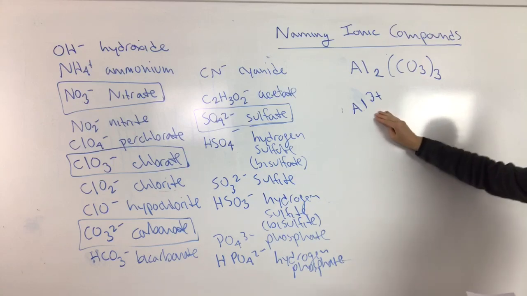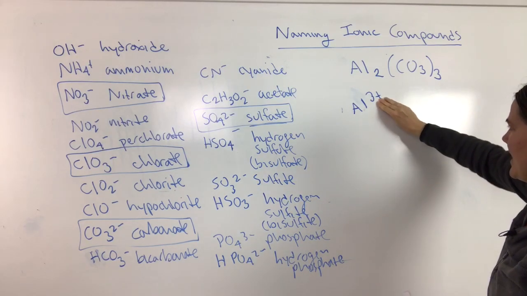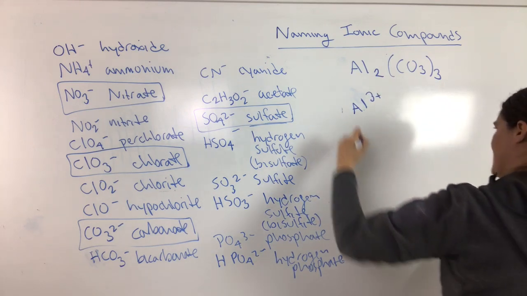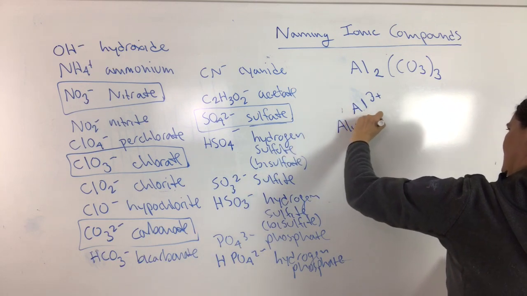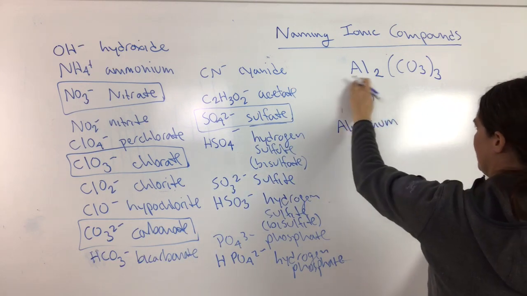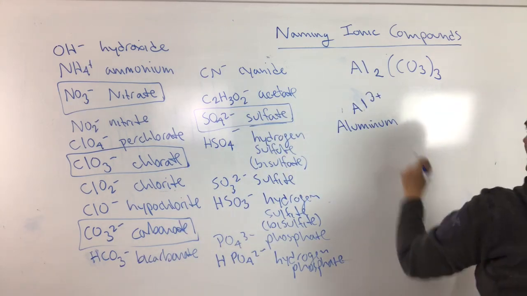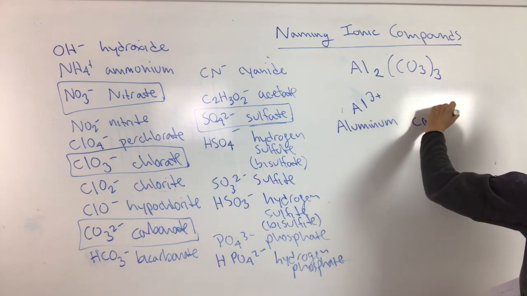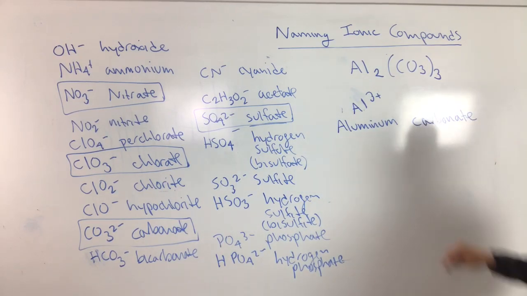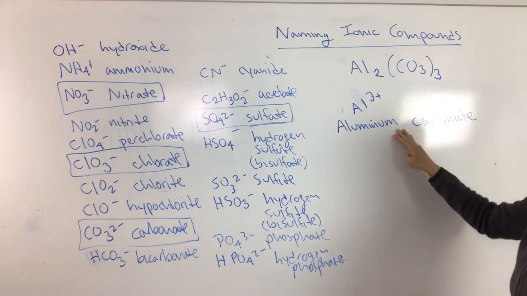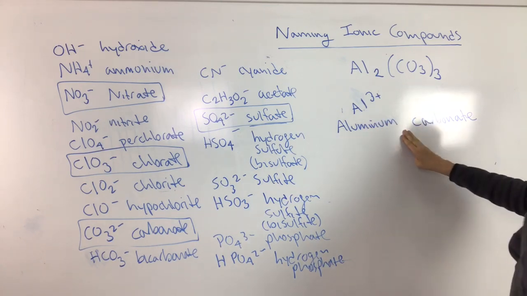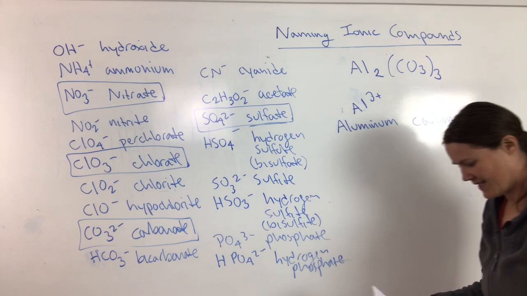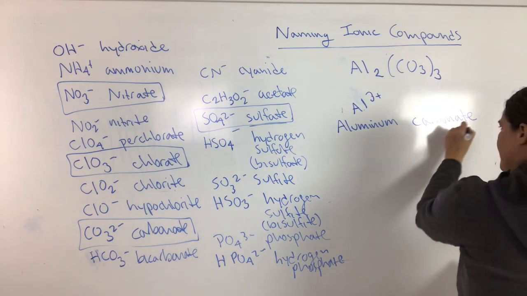So aluminum doesn't form more than one ion. So we don't need to put a Roman numeral after aluminum. So the way we can name this is we can just put aluminum, the name of this first element, and then we have the carbonate ion. So this is just aluminum carbonate. And again, the reason why we don't need the Roman numeral after aluminum in this particular example is because we know what the charge is on aluminum, since aluminum always has a 3+ charge.